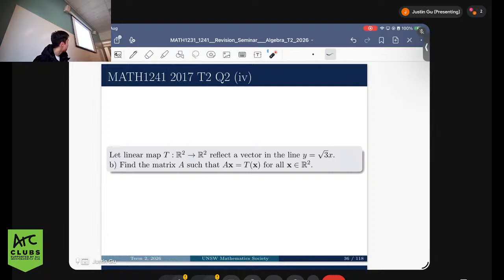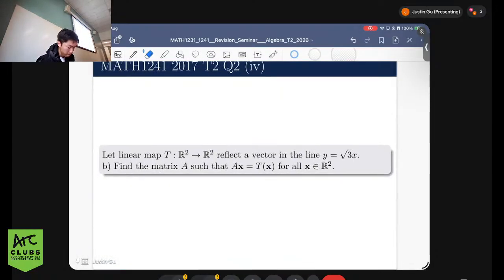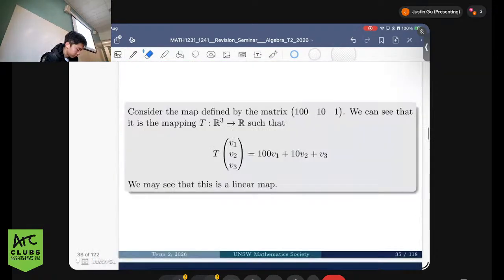But we're broke, so we don't have two screens this time. Wait, hold on.